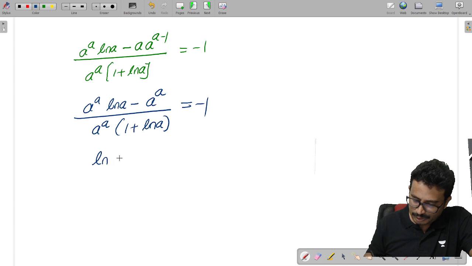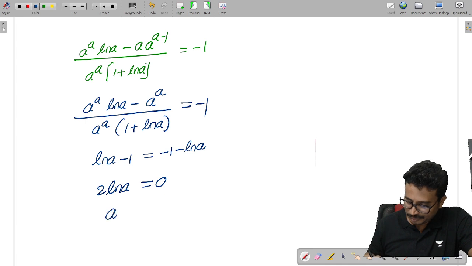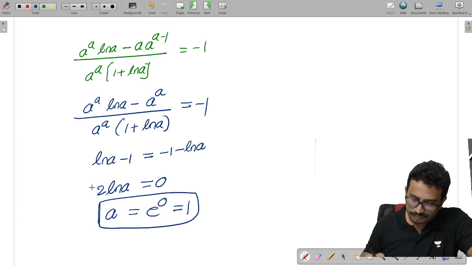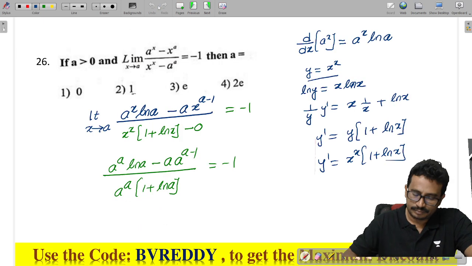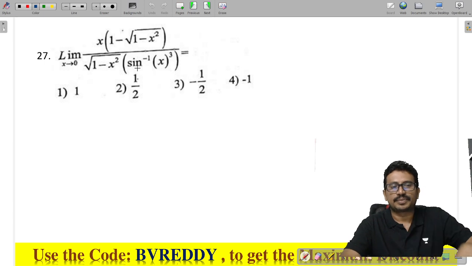So what I can write now here: ln of a minus 1, which is equal to minus 1 minus ln of a, so 2 into ln of a is equal to 0. So then a is equal to e power 0, which is equal to 1. Right? Next problem.